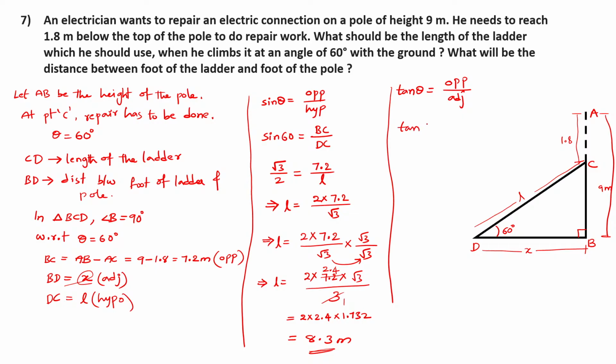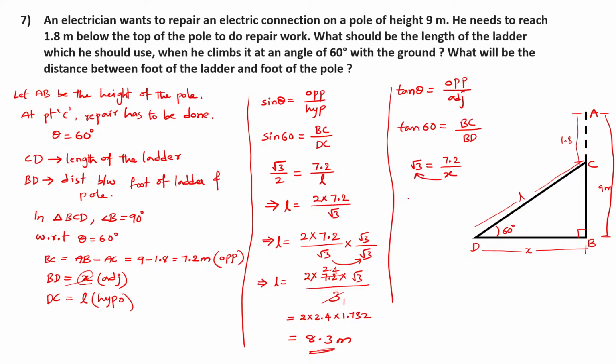Tan 60 degrees is equal to opposite side BC by adjacent side BD. Tan 60 is root 3 is equal to BC value, we have 7.2, BD value we don't know, it is X.